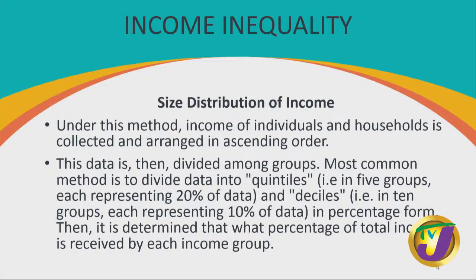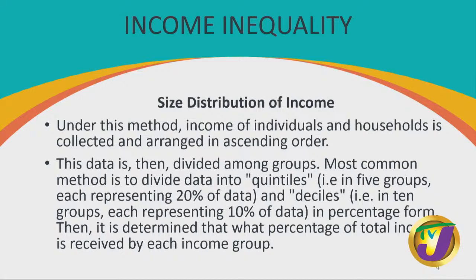Size distribution of income. Under this method, income of individuals and households is collected and arranged in ascending order, and the data is usually divided among groups. So you'll have it divided in 5 groups that are called quintiles, representing 20% of data, or deciles in groups of 10, representing 10% of the data in percentage form.